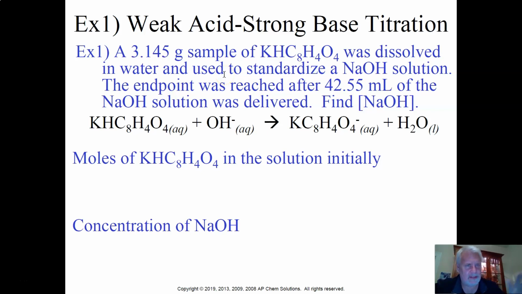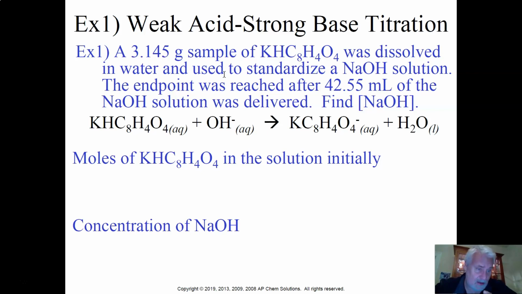Now NaOH is kind of all over the place. You can try to get its molarity pinned down exactly, but there's a lot of variation in it, and it's just sort of the nature of the beast. So it's really hard to make an exact concentration of NaOH.